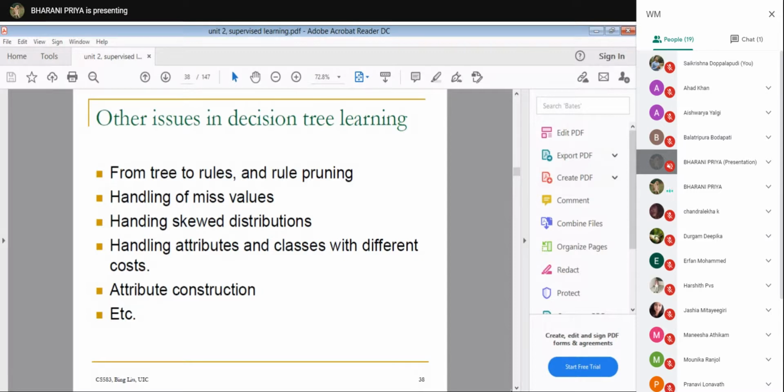Attribute construction. What is attribute construction?